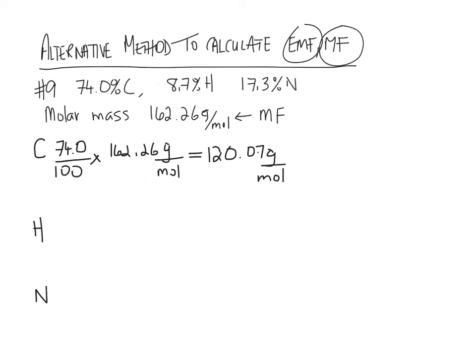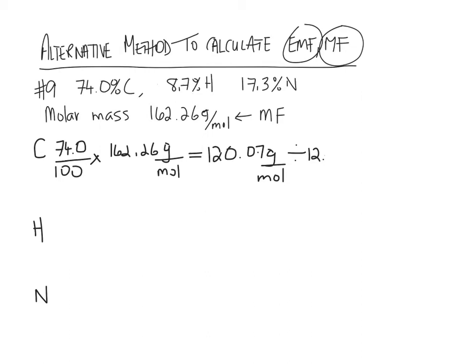If we take that portion that is just carbon and divide by the molar mass of carbon, we will find out how many carbon atoms there are in the molecule.